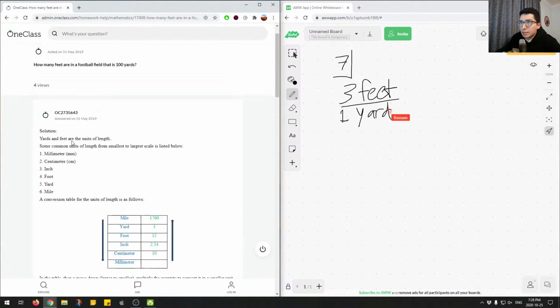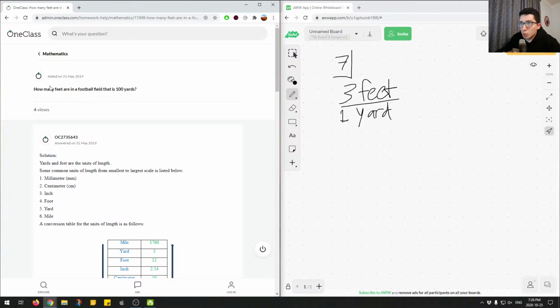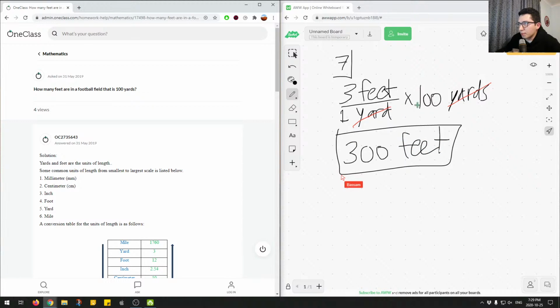And here we're asked how many feet are in 100 yards. So we would just multiply the conversion factor by 100 yards. And we can see that the yards cancel out, and we're left with 3 times 100. We'd have 300 feet. And that would be our solution.